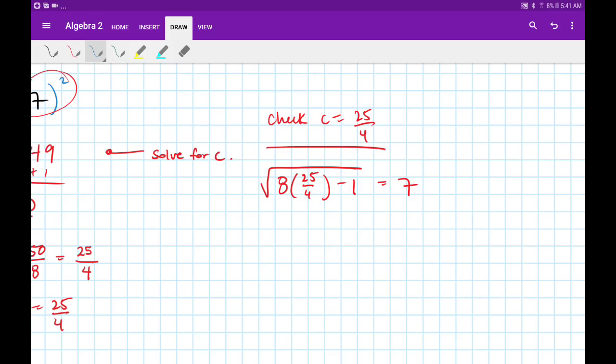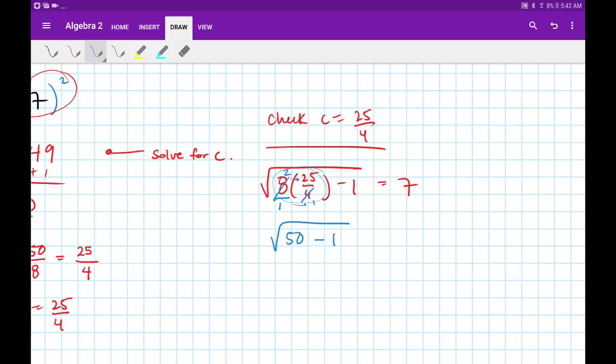Okay. So first I need to do this multiplication here. So to multiply fractions, we put it over 1. And then notice the 8 and the 4 can cancel into 2 over 1. And so 8 times 25 over 4 becomes 50. I multiply my numerators over 1, which is just 50.